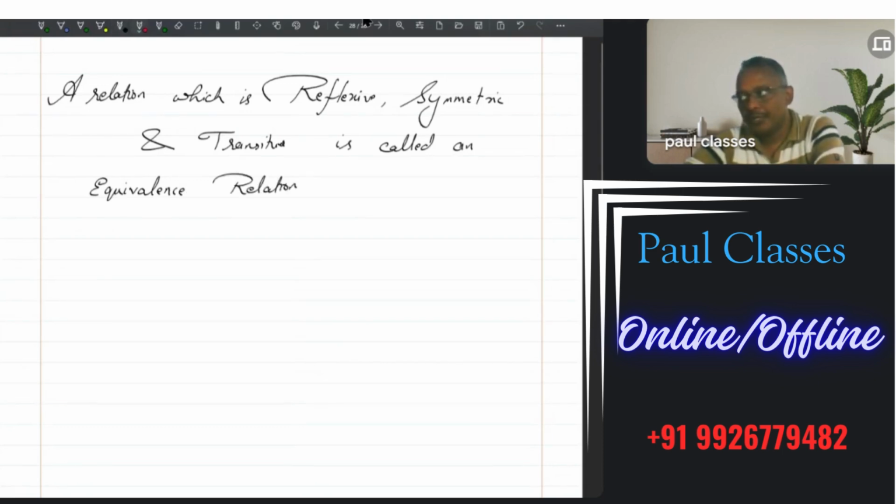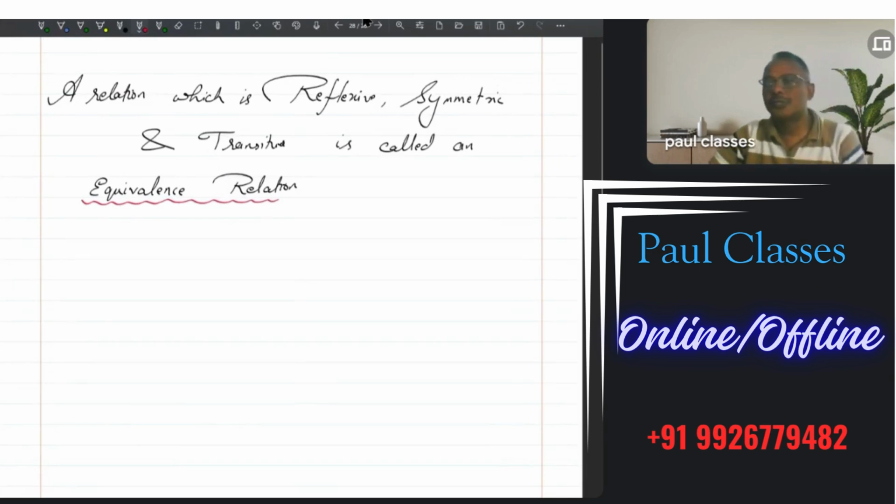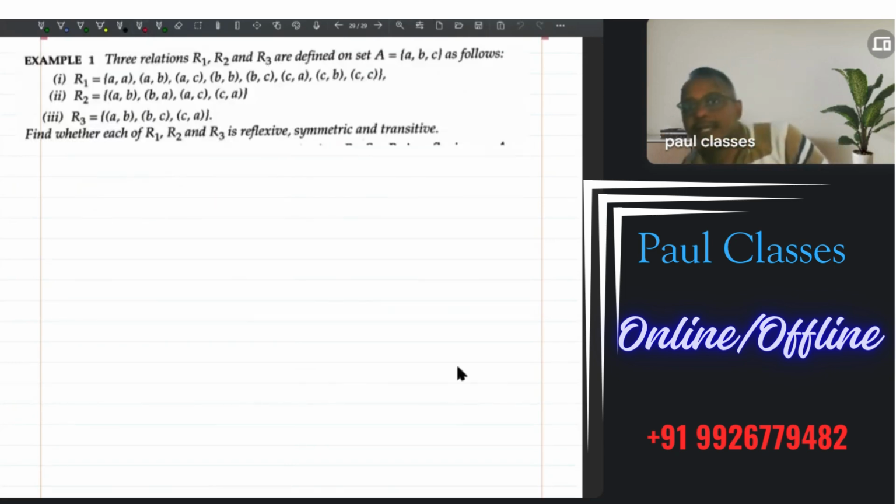A relation which is reflexive also, symmetric also, transitive also, all 3, then we call such a relation an equivalence relation. ठीक है? Now listen here.